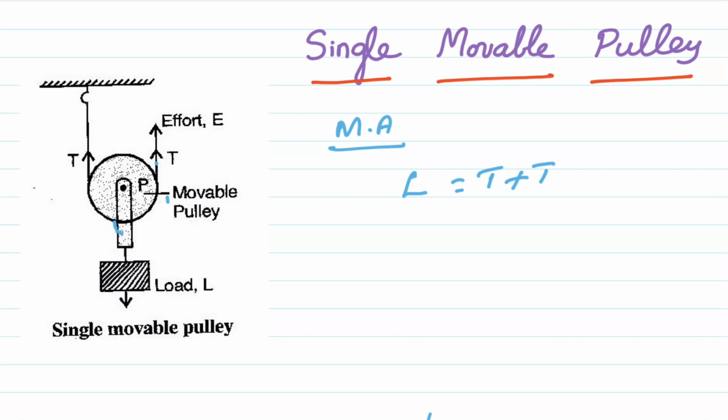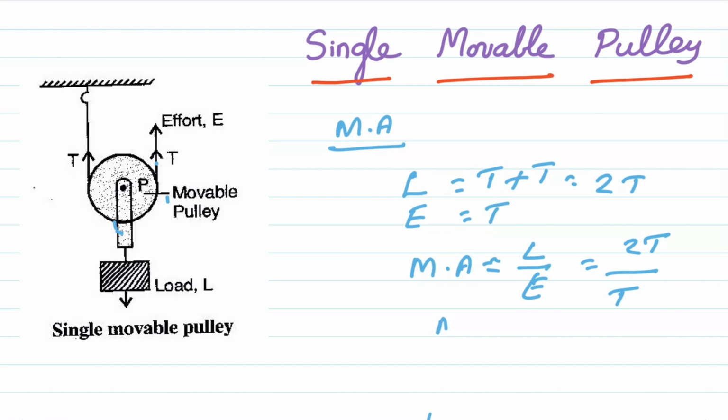So L is equal to T plus T, which is equal to 2T. And the effort is balanced by the tension acting on that segment of the string in the upward direction. So the mechanical advantage expression is load by effort. Here load is equal to 2T, effort is equal to T. So the mechanical advantage is equal to 2.